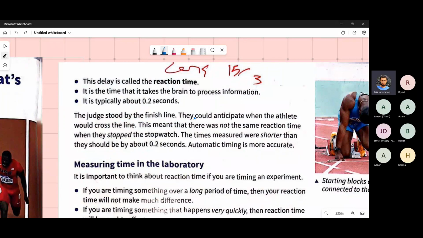The times measured were shorter than they should be by 0.2 seconds. Automatic timing is more accurate. Definitely, because in automatic timing, the reaction time will not be there because a human is not involved. Machines and sensors are involved, right?